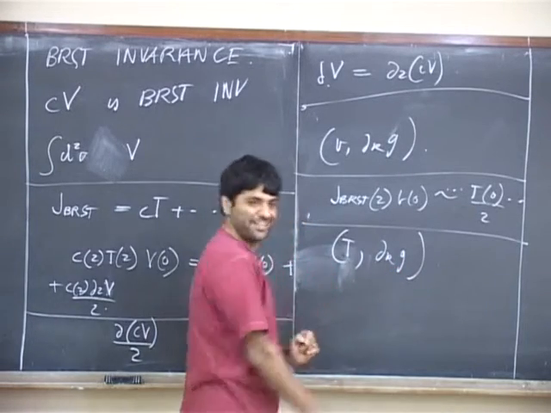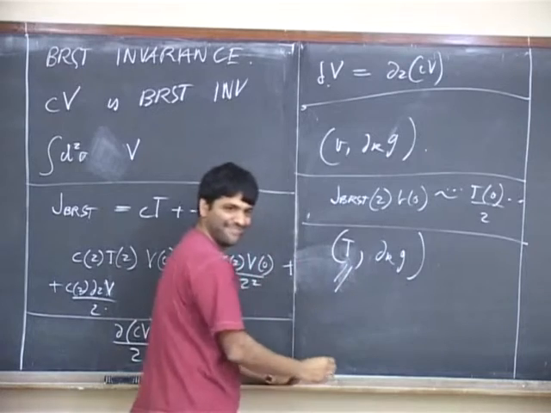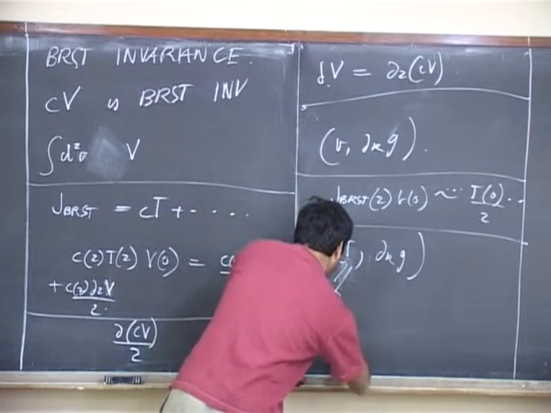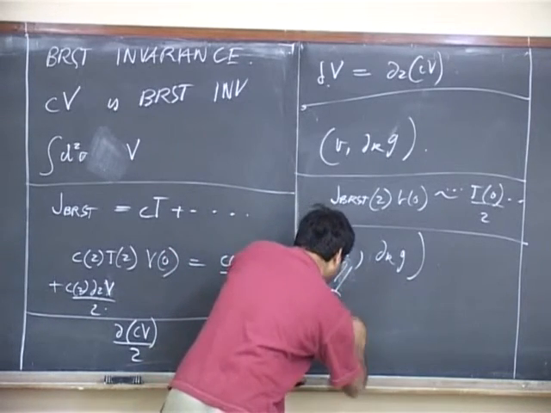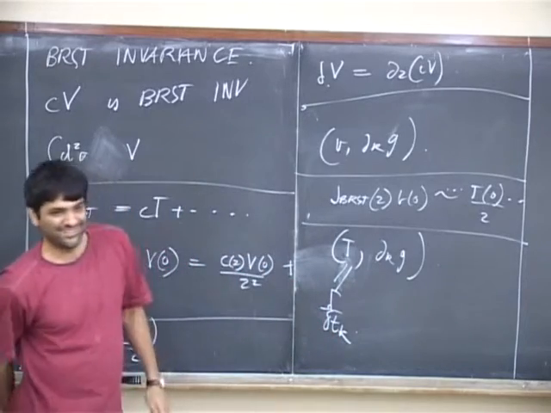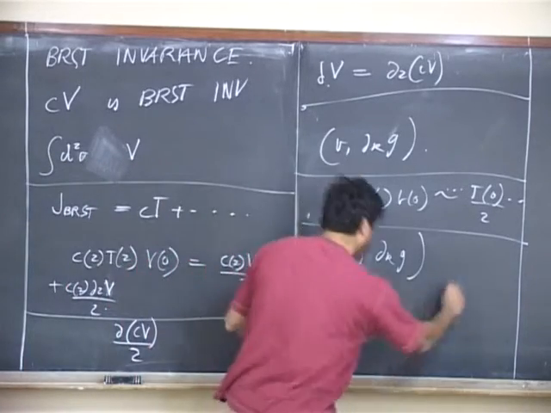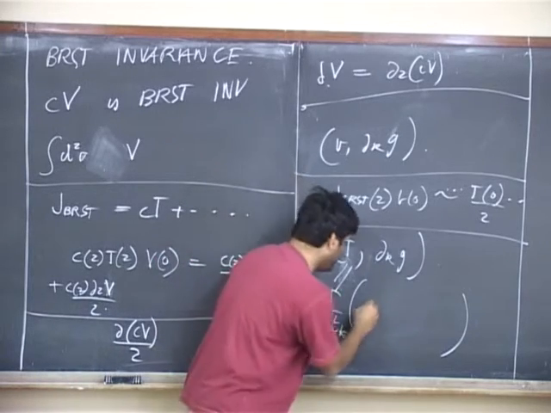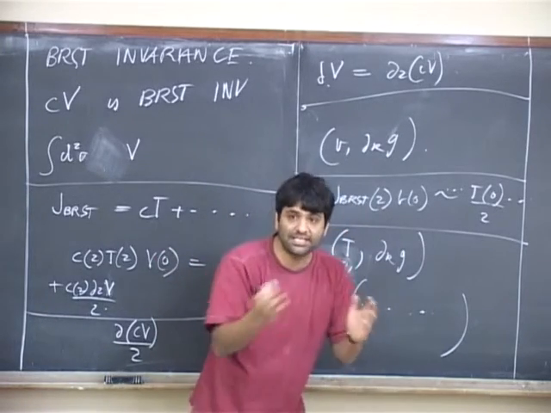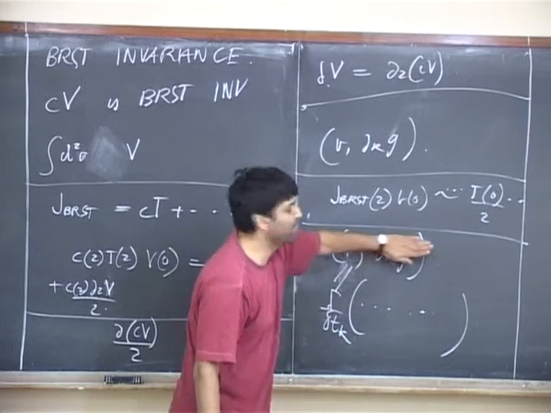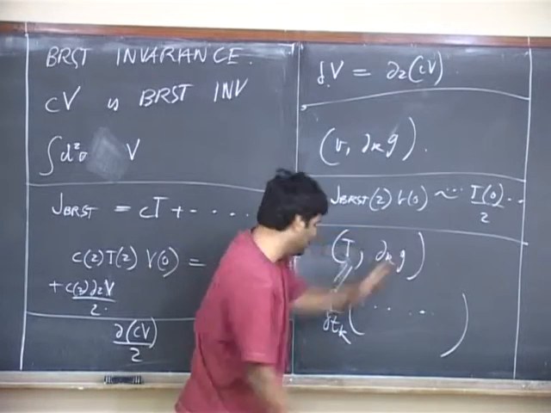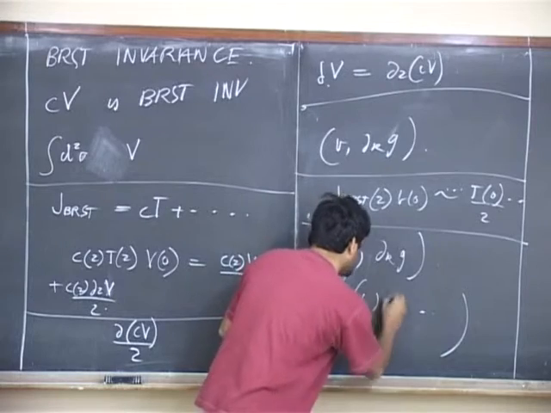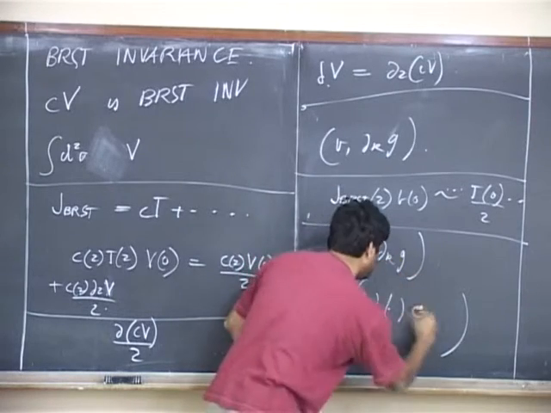What is this? This, by definition, is delta by delta of dk of everything else that went into the definition of the scattering amplitude, excepting this one particular insertion. So all insertions except this one times e to the power minus s.